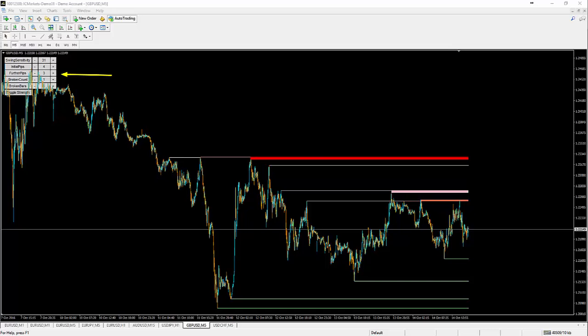So in our earlier example, this was swing high number 1, this was swing high number 2. Correct? So it was scanning 4 pips up and 4 pips down until it hit this level here, and then it highlighted this as the strong area of resistance.